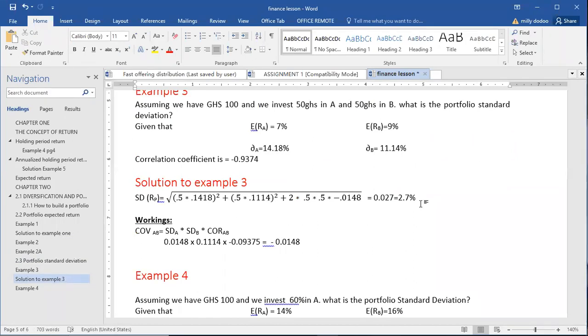We have just a 2.7% chance of losing that money. And so it means that the probability that we are not going to get the portfolio expected return of 8% is 2.7%.